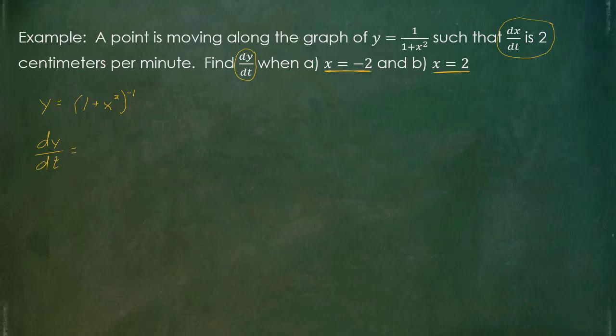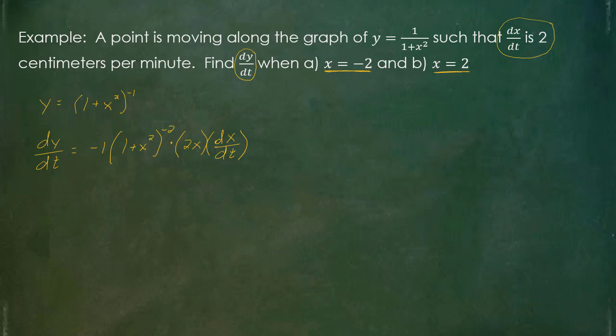On the right side, I would do the power rule, so -1 would have to come out front. 1 plus x squared would stay the same. Power drops by 1, but now I do times the derivative of the inside. Well, the derivative of the inside would turn into 0 plus 2x, which is just 2x, but again that's not the variable t, so I need to make sure I multiply by dx/dt.